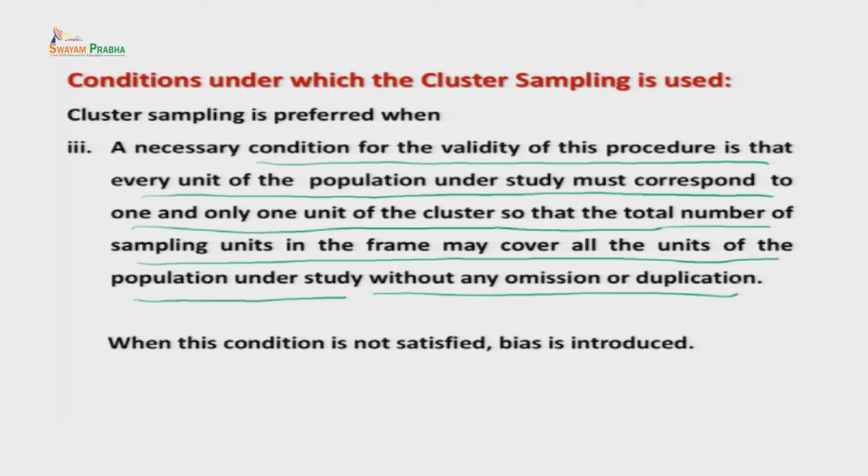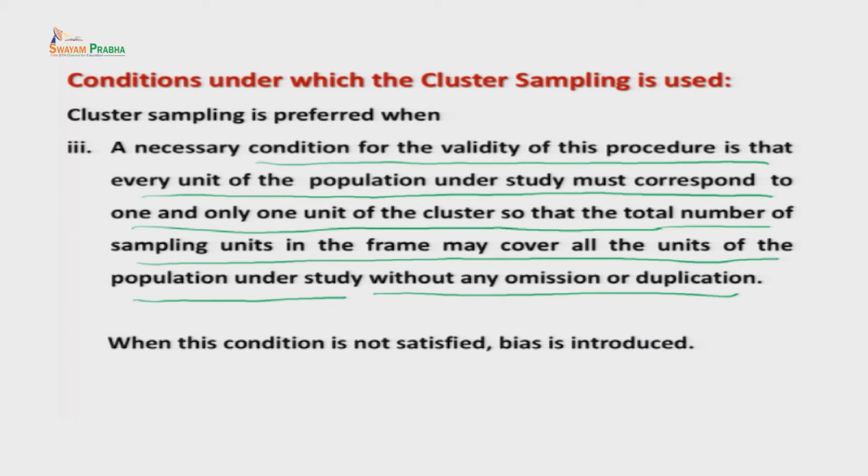If you look, this is the same condition that we have used in the case of stratified sampling also, that every unit will belong to only one stratum. The same thing is here also: every unit in the population should belong to only one cluster.